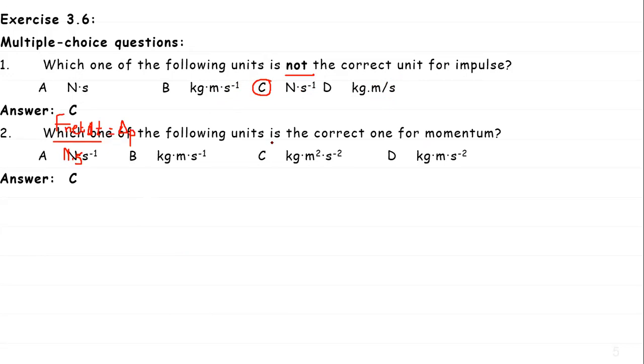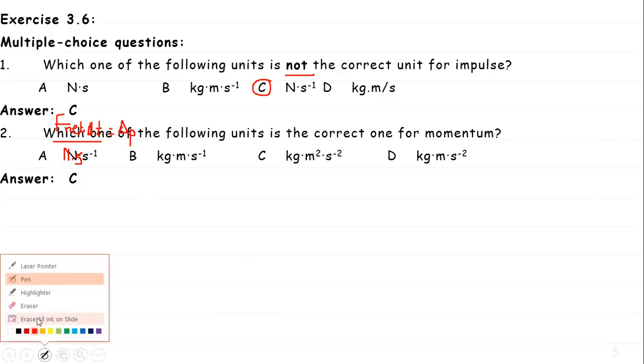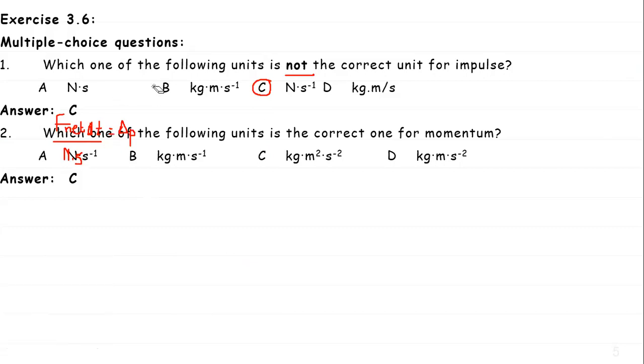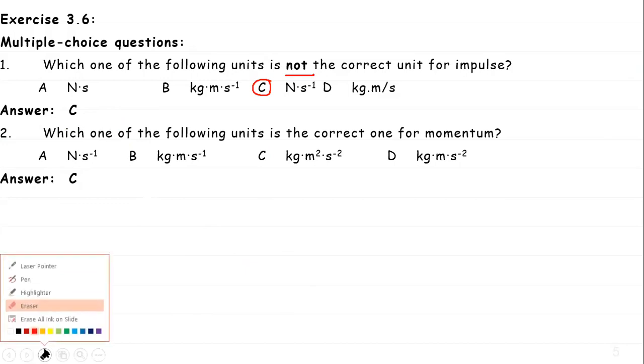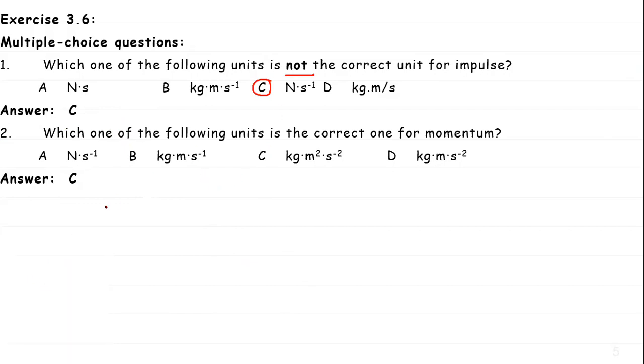For question number 2, my dear learners, let me just erase there for you. What you should be able to pick up there is that they are asking us which one of the following units is the correct one for momentum. Now, if we want the correct one for momentum, we want the SI unit for momentum. And by now, we know this is a recall question.